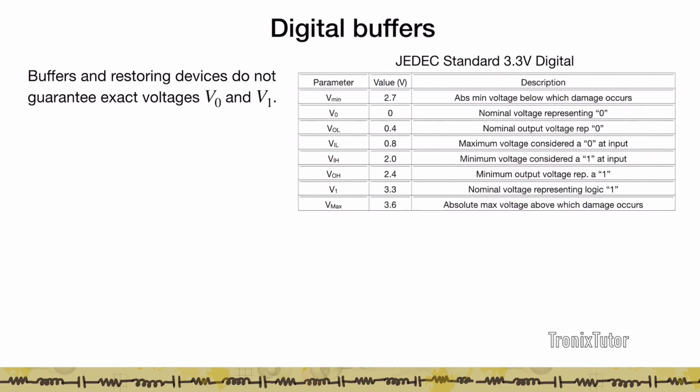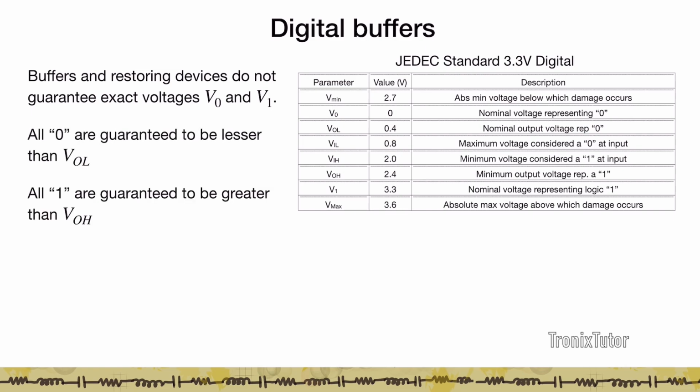So buffers and restoring devices do not exactly guarantee voltages V0 or V1, right? So if you look at a 0, for example, again, I'm going back to the standard. These standards are generally released by a community to designers. So if you look at the output of a gate, in this particular standard, the nominal voltage at the output can be anywhere between 0 and 0.4, right?